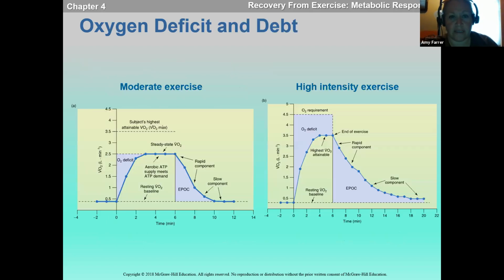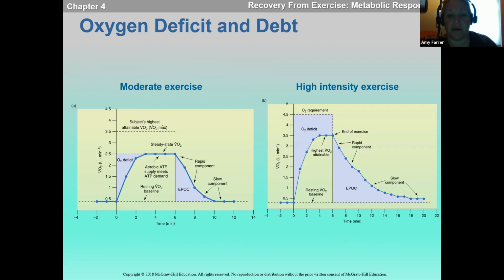If we look at this, we're looking at moderate exercise versus high intensity exercise. You're going to see that the oxygen deficit is much, much bigger on the high intensity. The oxygen requirement of what we need is going to be that much more. So we're going to go up and be able to exercise at that highest VO2, much higher than where our moderate exercise is.